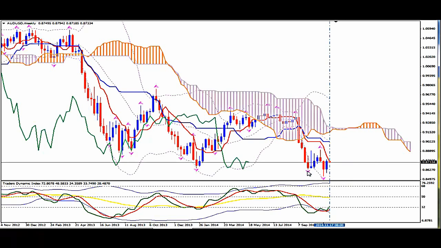They gave us two down fractals already, and we see the pair trying to cross above Tenkan-sen, the red line of Ichimoku Kinko Hyo. We will know that this is a valid bullish price Tenkan-sen cross when we see the Tenkan-sen making a curve and one bullish candlestick jumping above the curve.